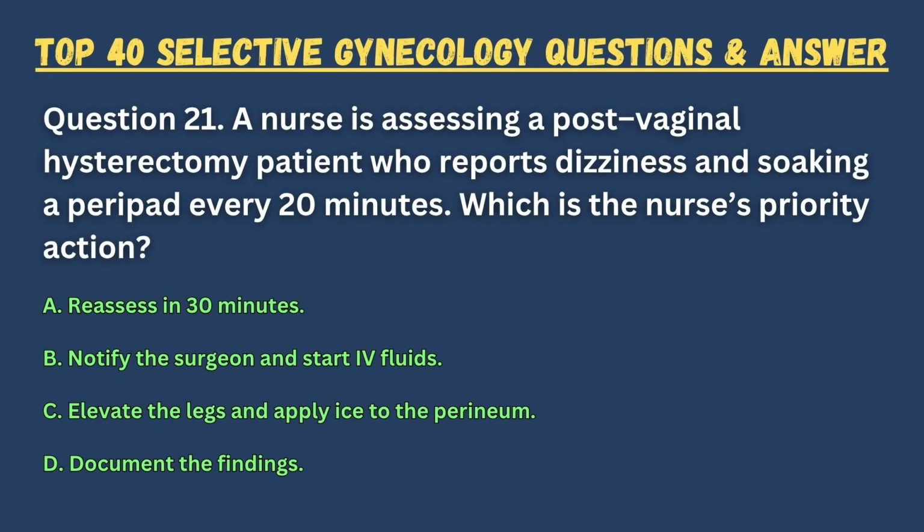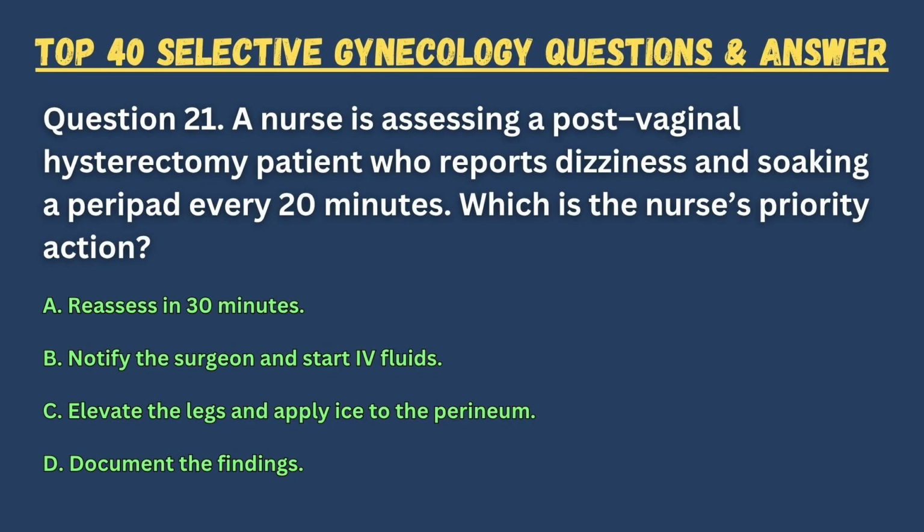Question 21. A nurse is assessing a post-vaginal hysterectomy patient who reports dizziness and soaking a peripad every 20 minutes. Which is the nurse's priority action? A. Reassess in 30 minutes. B. Notify the surgeon and start IV fluids.